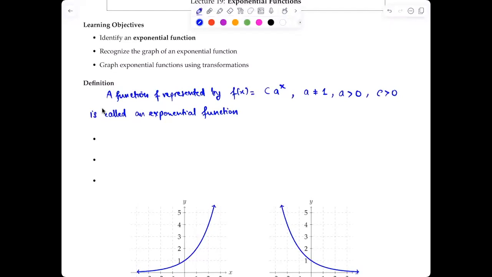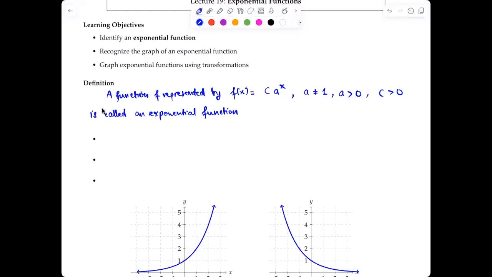The last one, c greater than 0, what is that? C, capital C, is the constant in front. So this is the general formula for an exponential function.